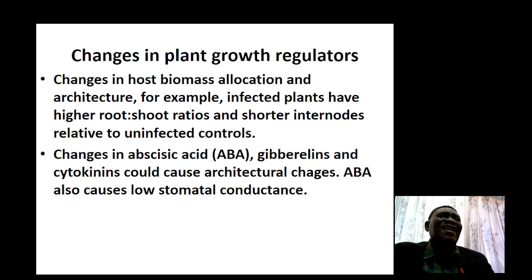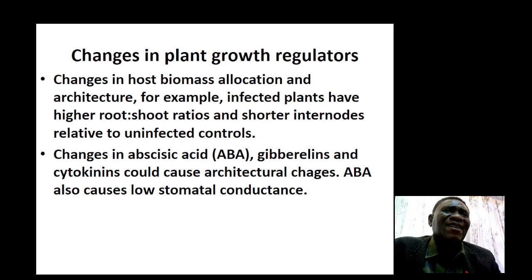Changes in abscisic acid, gibberellins, cytokinins could cause architectural changes or changes in the structure of the plant. And again, abscisic acid can cause low stomatal conductance.